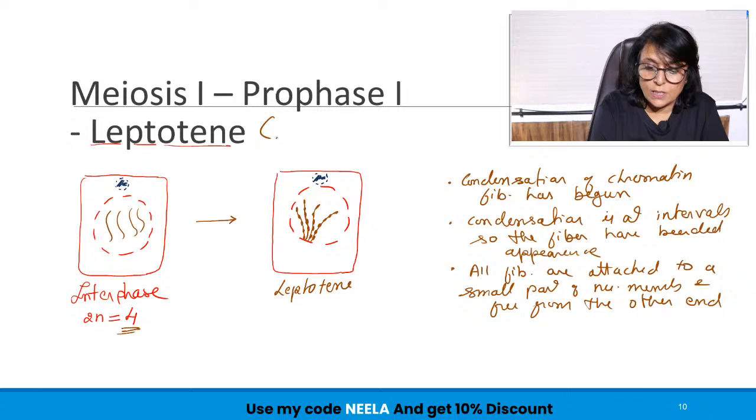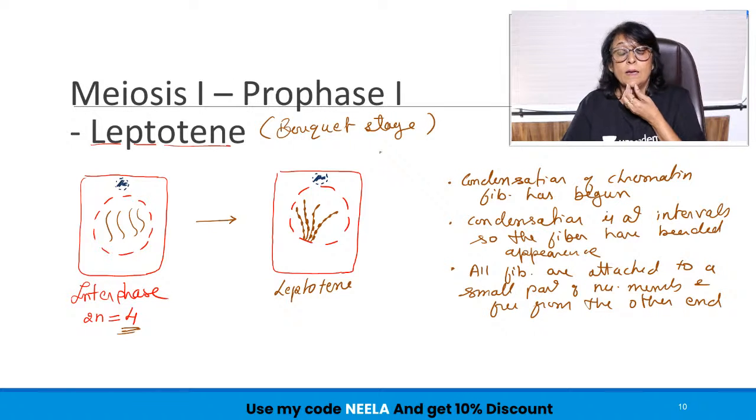So leptotene is also known as bouquet stage. Why this name leptotene? Because leptos means thin, and tene or nema means thread.